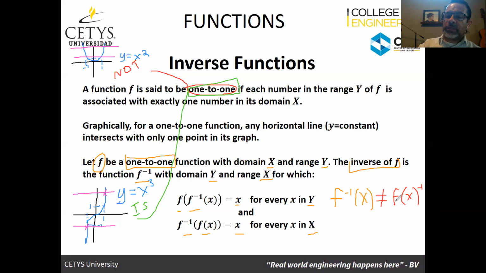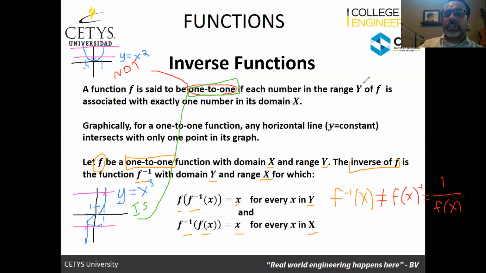It's a different operation, because f of x to the -1 is 1 divided by f of x. And that's not what we're talking about. We're not talking about the reciprocal. One thing is the inverse.